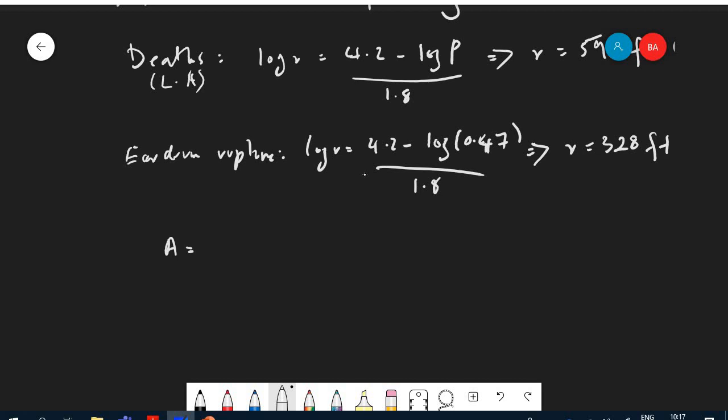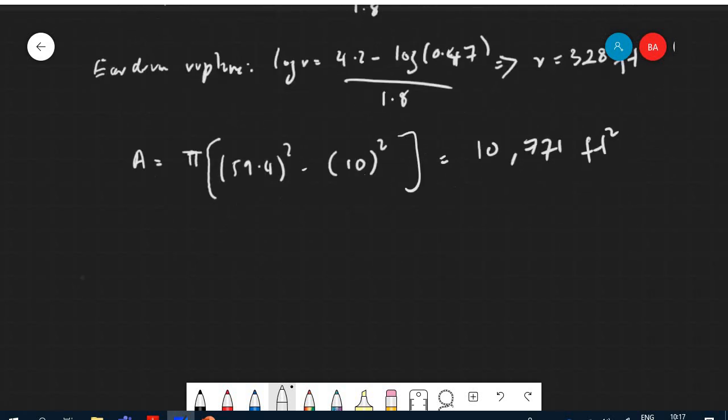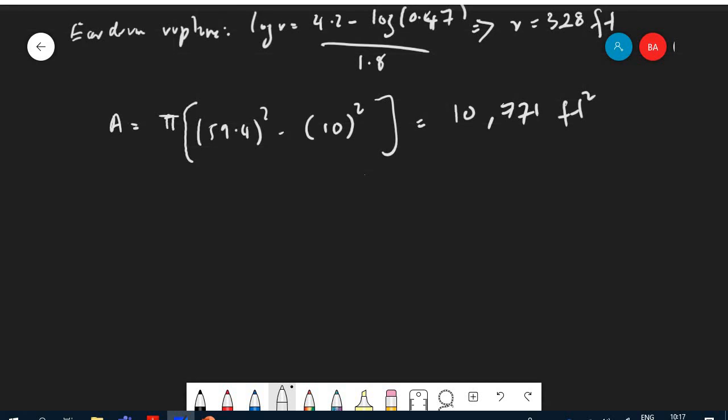I calculate the area at 59.4 feet, that will be equal to 10,771 feet square.